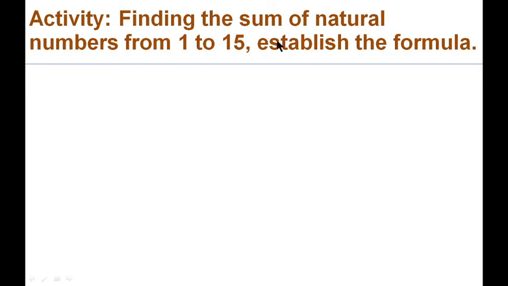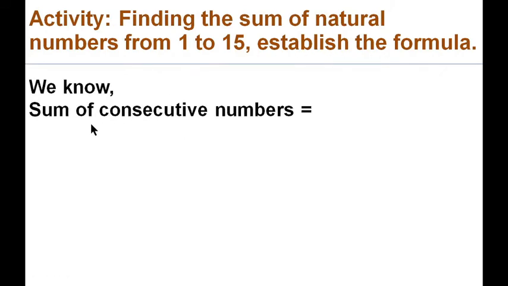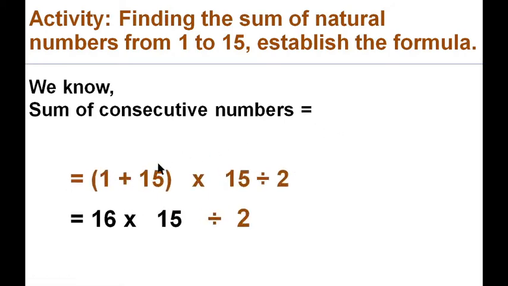Activity: finding the sum of natural numbers from 1 to 15. Establish the formula. We know the sum of consecutive numbers is equal to first number plus last number multiplied by number of terms and divided by 2.